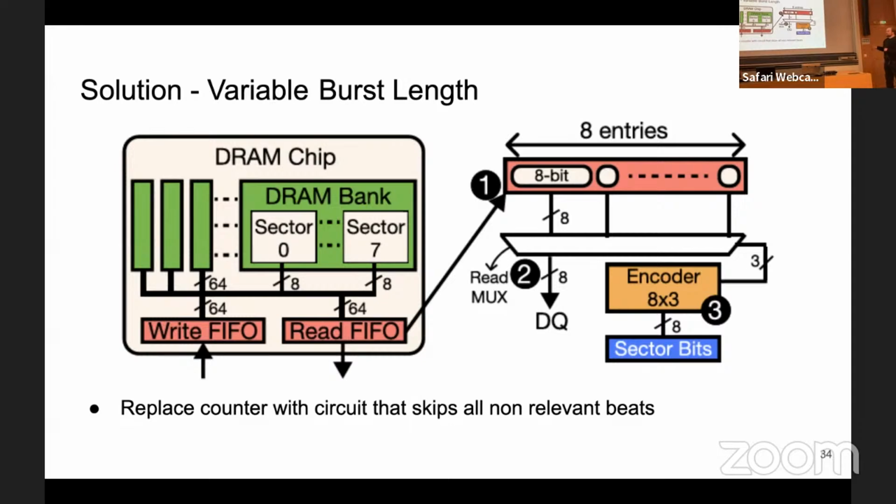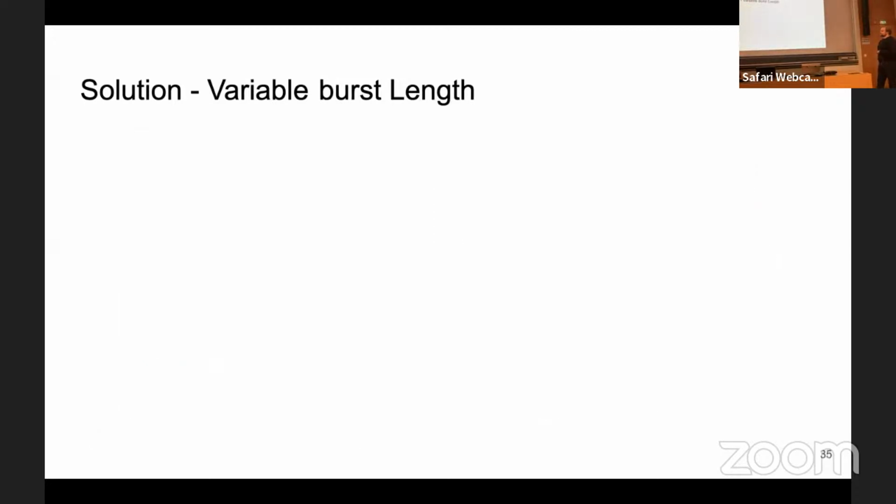And what this circuit then does is it skips all beats where we would transmit information that's stored in sectors that we didn't even activate. Okay, and this leads to a reduction in the length of bursts most of the time, and also in the transmission costs in form of energy, of course.